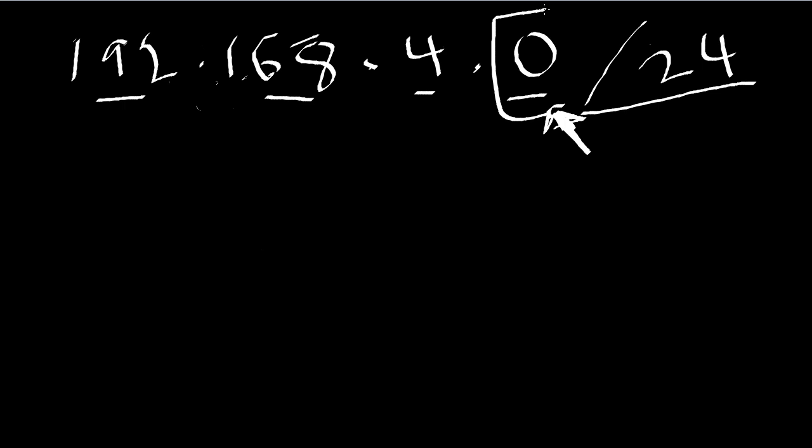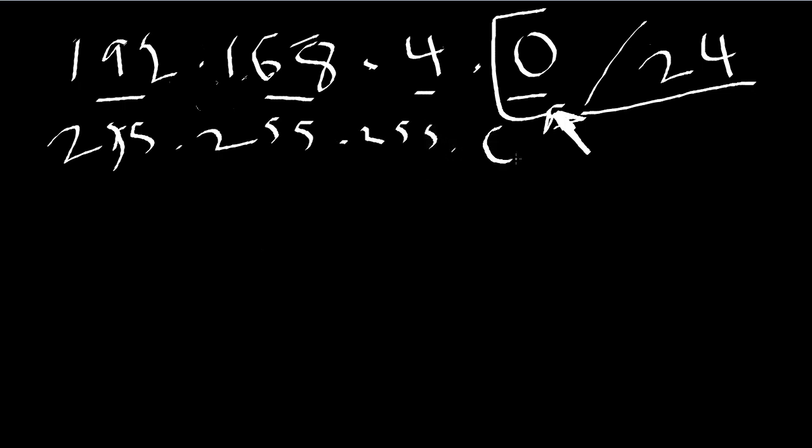Since it's a subnet, first 255 dot 255 dot 255 dot 0. 8 bits full, 8 bits full, 8 bits full, summing up to 24. Now this is where the subnetting takes place, right? This is what you really have to work with, right? Good.